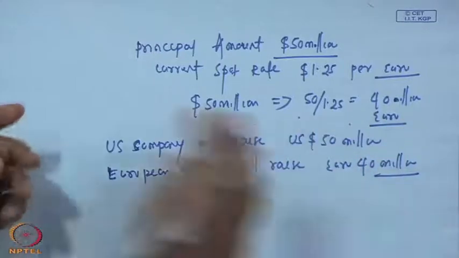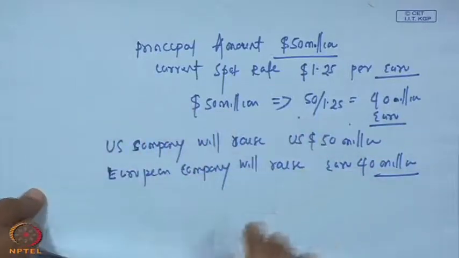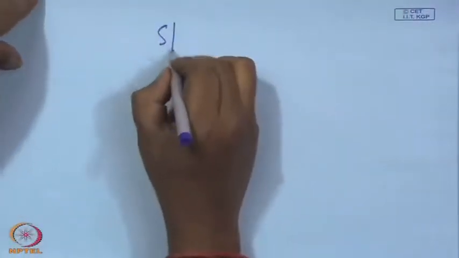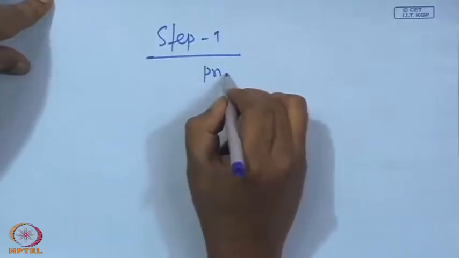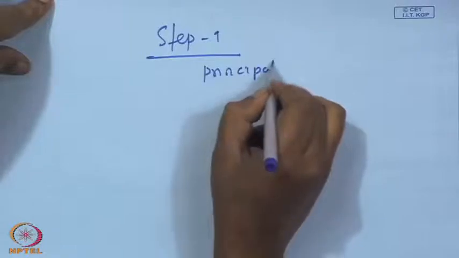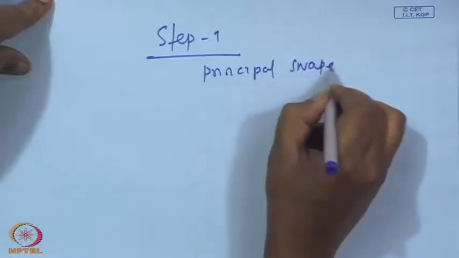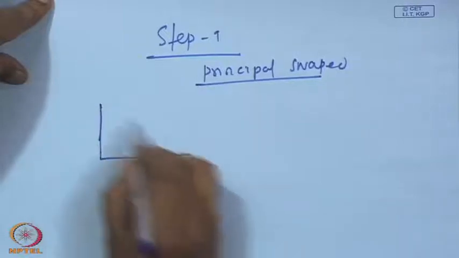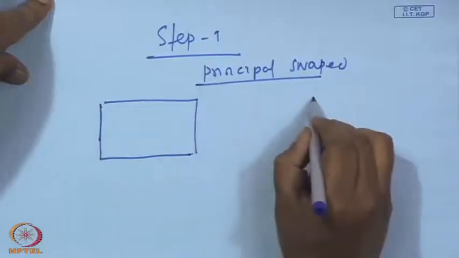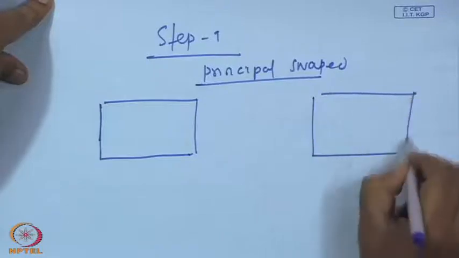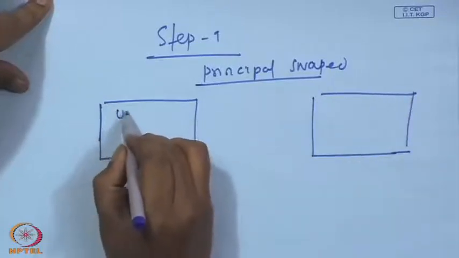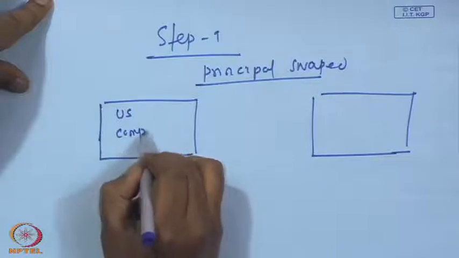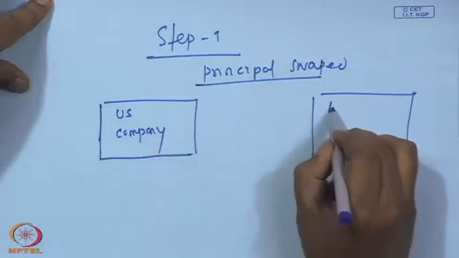After that, the transaction takes place between these two. The first transaction, step 1, is the principal swap. Here you draw the diagram: US company and European company.